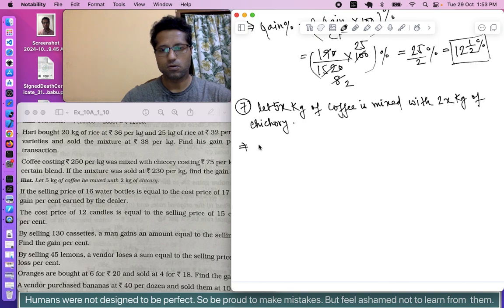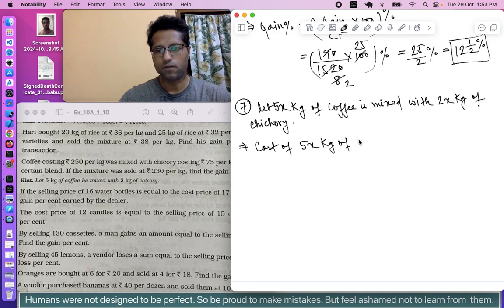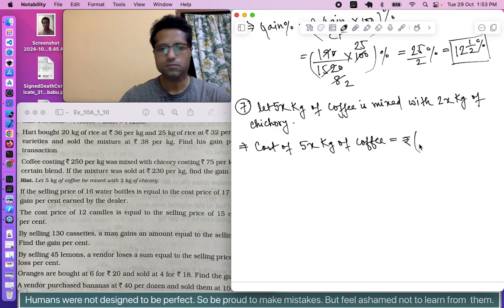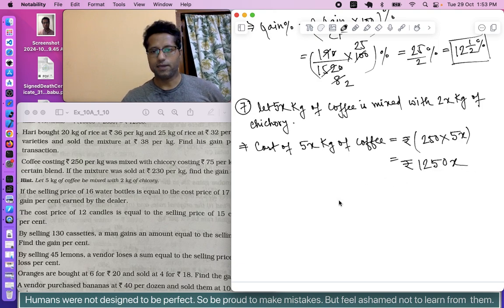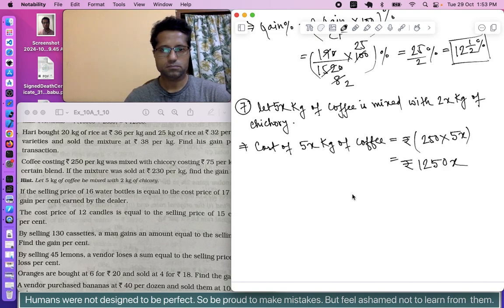This implies the cost of 5x kg of coffee should be equal to 250 multiplied by 5x, since the cost of coffee was rupees 250 per kg. So this is equal to rupees 1250x.